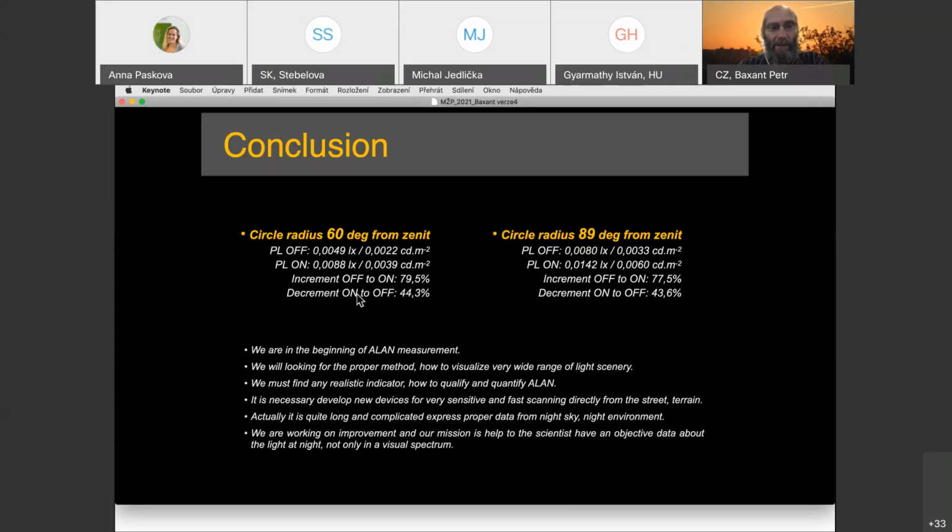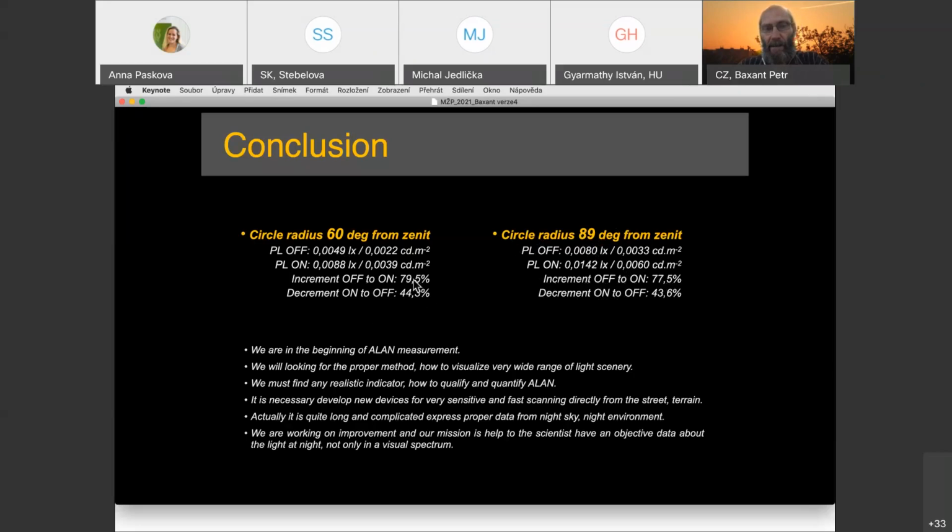And if we switch off the lights, so it means the decrement from on to off, we can save about 44% of luminance or illuminance. If we calculate with the bigger circle, which is 89 degrees from zenith, we can obtain similar numbers, not very different.